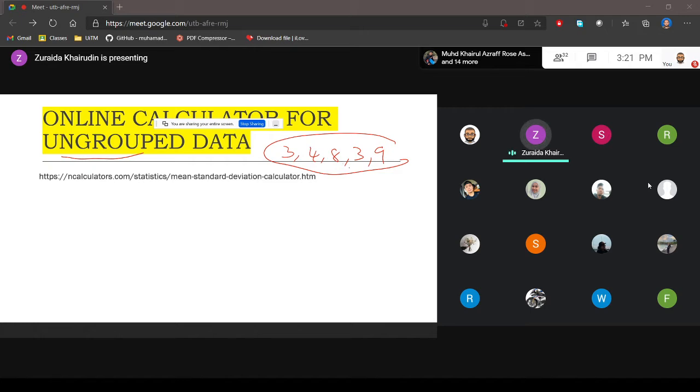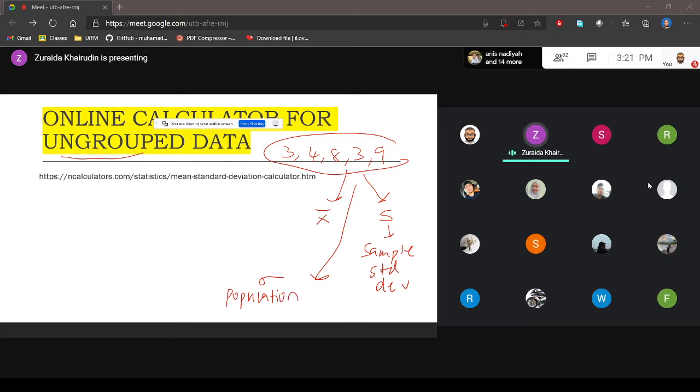Sometimes we ask you to find the mean x bar, and we also ask you to find the standard deviation. x bar and s, this is the sample standard deviation. But if I say this is a population, sigma is the population standard deviation. Make sure you know the difference.